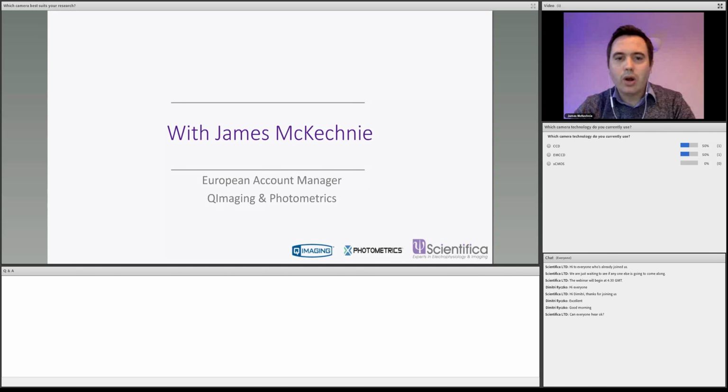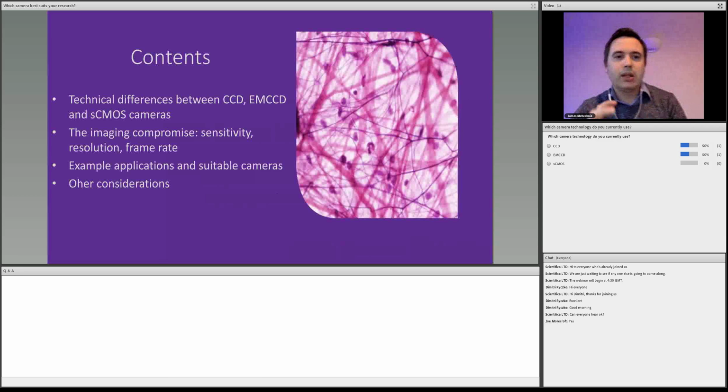So today we'll go through deciding the best camera for use with your science. We'll start with the technical differences between CCD, EMCCD, and sCMOS cameras. There are three main technologies available, and they all have slight advantages and disadvantages.